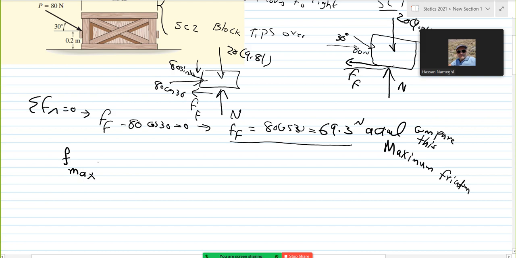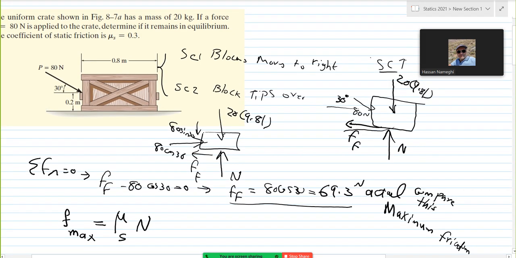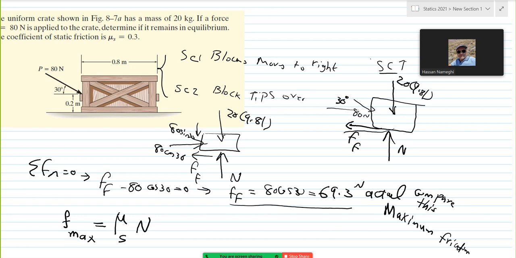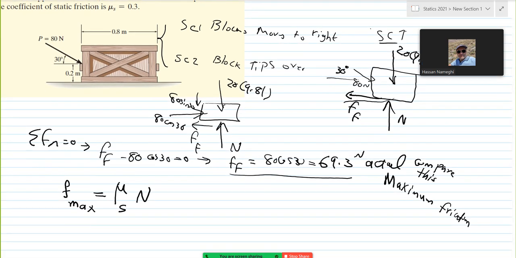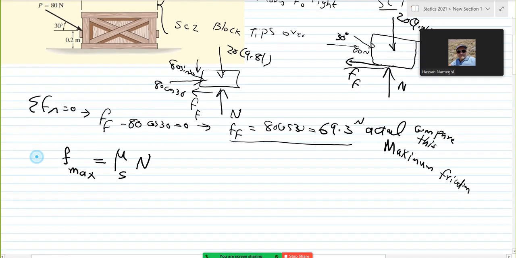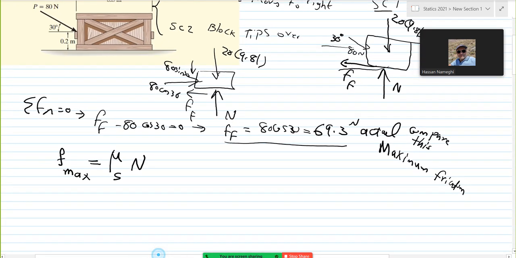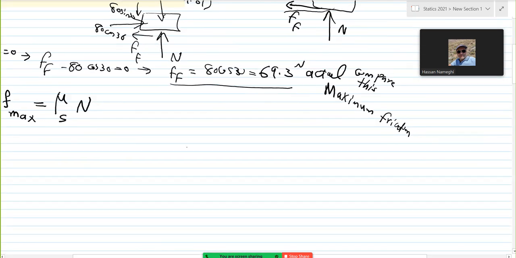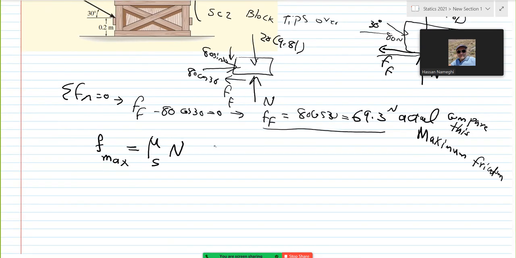F max is equal to mu s times N. The mu s is given to me as 0.3, but I don't have N. So that's where I need to do sum of F of y as well. To calculate N, I'm going to do sum of F of y equal to 0.